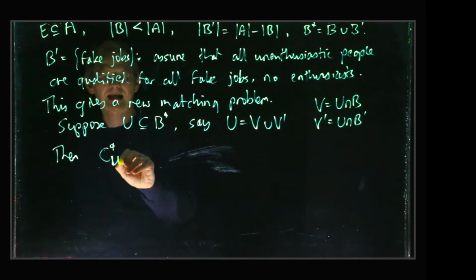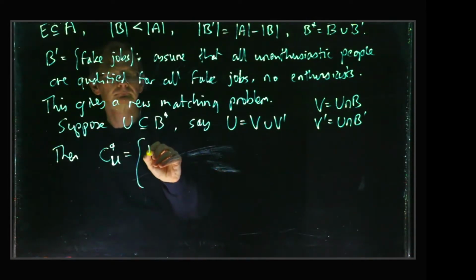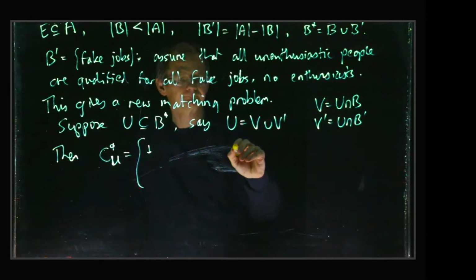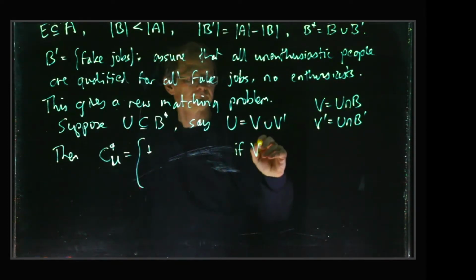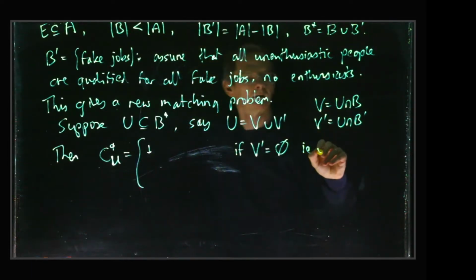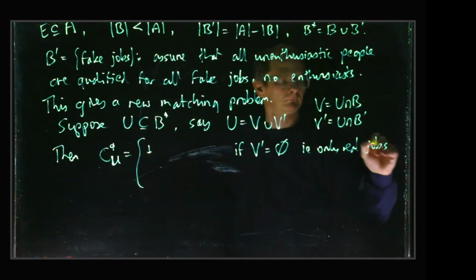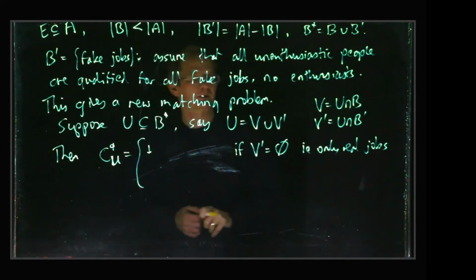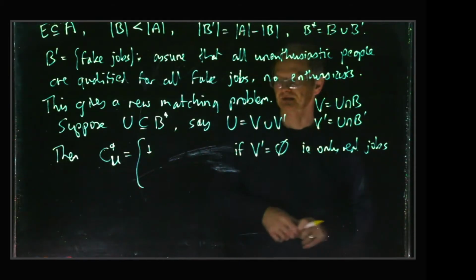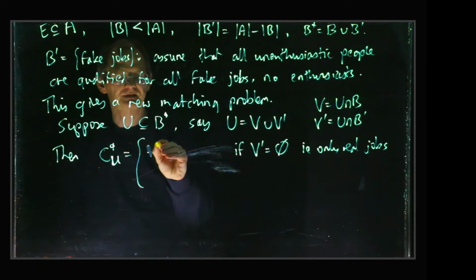So we look at the candidate set, and who are the candidates here? So one possibility is that V prime is empty. Okay, so if V prime is empty, so we're just looking at U is just equal to V, and so U is just a set of real jobs, then the candidate set is just the same as we had anyway.